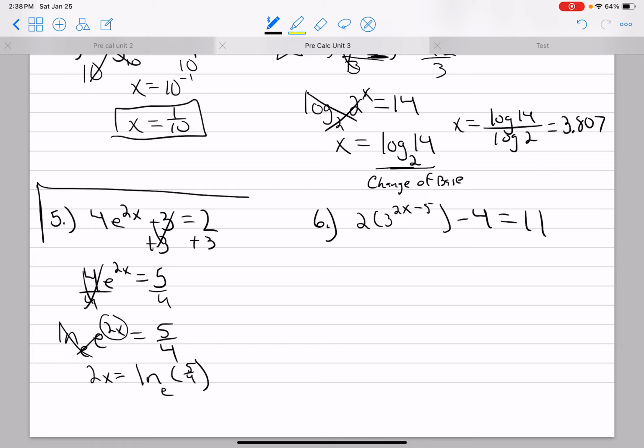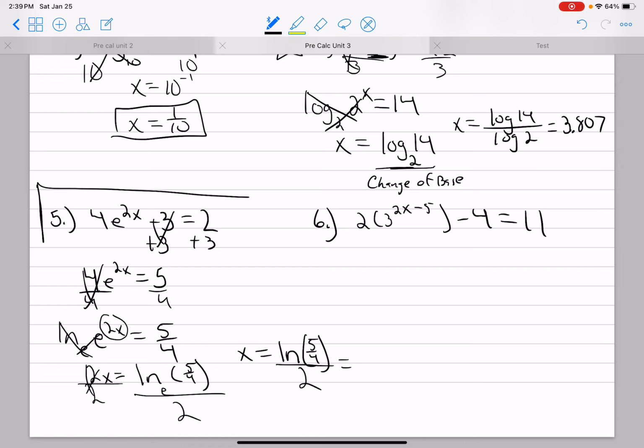All right? Woo! Okay, so at this point, how do I get rid of this 2? Divide by 2. Divide by 2. x equals ln of 5/4, remember, we don't really have to write the e, over 2. All right, now we just got calculator work.